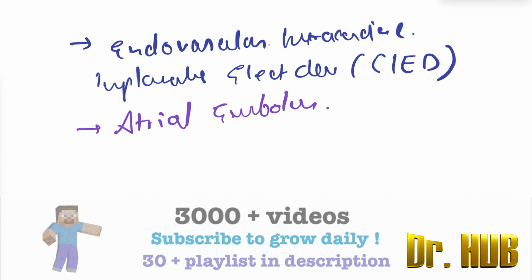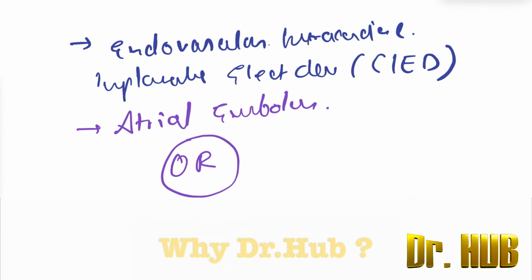So the criteria can include this, or. Now we are going to see what is the other thing it can include. First we saw it can be microorganisms identified in these contexts.